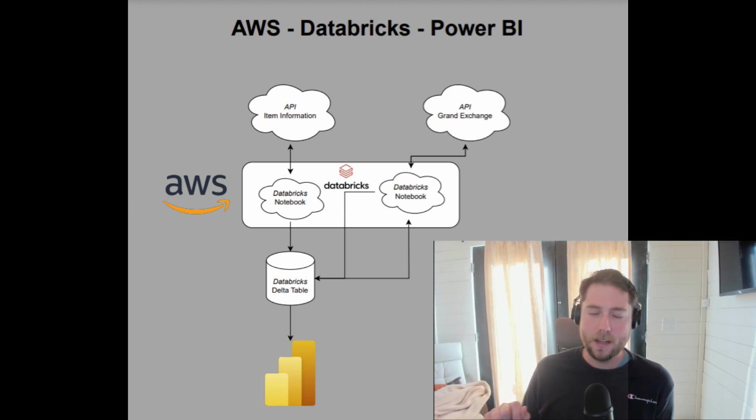So what I'm going to do is pull down information for the items, and use that, you'll see in the notebooks later, to parse through the information from the Grand Exchange API and pull out the ones that I want to know about, and place only those into the Delta table. And then at the end, you can see that the data from the Delta table is going to be going into Power BI, and that's where we're going to be doing our reporting.